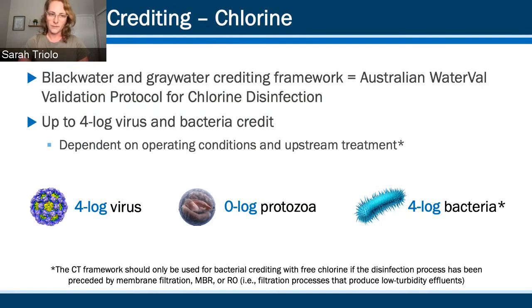And as we'll talk about in the next slides, the amount of credit you can get does depend on your operating conditions, your water quality, and what kind of treatment you have upstream. So again, we're not talking about any protozoa credit for chlorine because those Cryptosporidium oocysts are very resistant to chlorine disinfection.